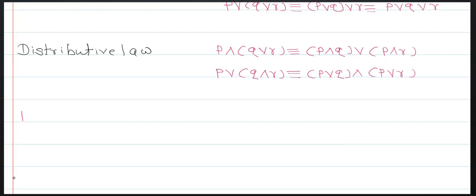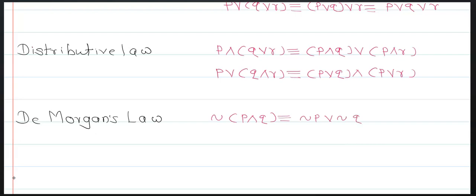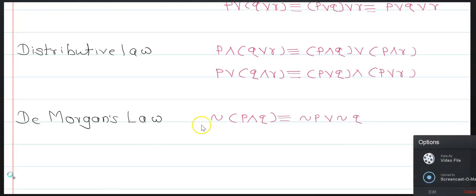Next is De Morgan's law. This is also very important. The negation of P and Q is the negation of P or the negation of Q. That is, AND changes to OR, and both of them have the negation sign.